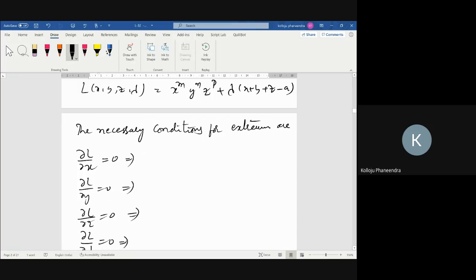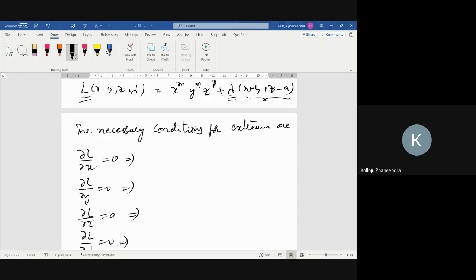Actually, dou L by dou lambda equals 0 gives the condition directly: if I take the derivative of L with respect to lambda, I get x plus y plus z equal to a. That means solve these 3 equations, dou L by dou x equals 0, dou L by dou y equals 0, dou L by dou z equals 0, and use the condition x plus y plus z equal to a.